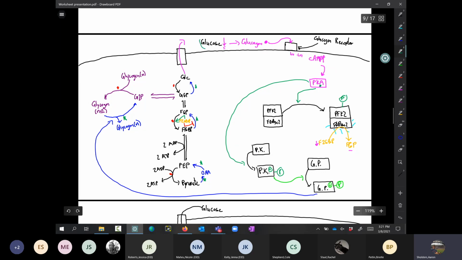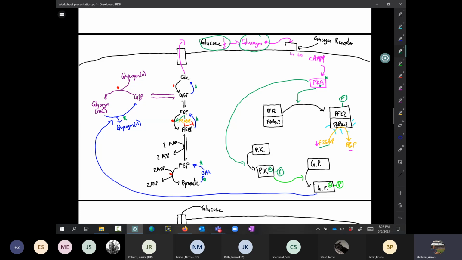We have glucose going down that then causes glucagon to be released, that then causes PKA to be activated, that then causes fructose 2,6-bisphosphate to be broken down, which activates this step here in gluconeogenesis. And it also activates phosphorylase kinase, which phosphorylates glycogen phosphorylase, which then activates glycogen breakdown. And then that's going to allow for the production of glucose 6-phosphate, which then will be made to glucose, and glucose will be shipped out.